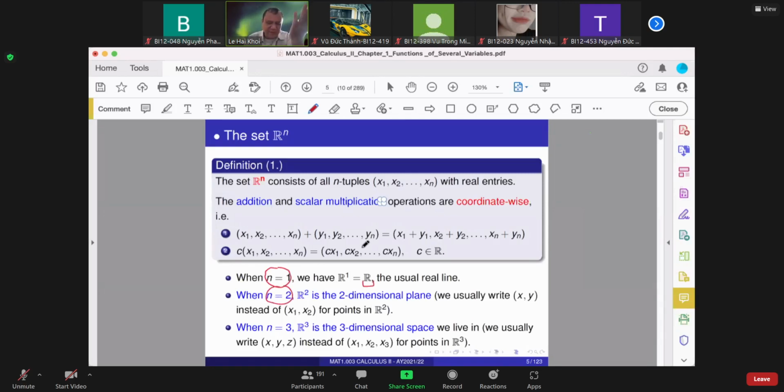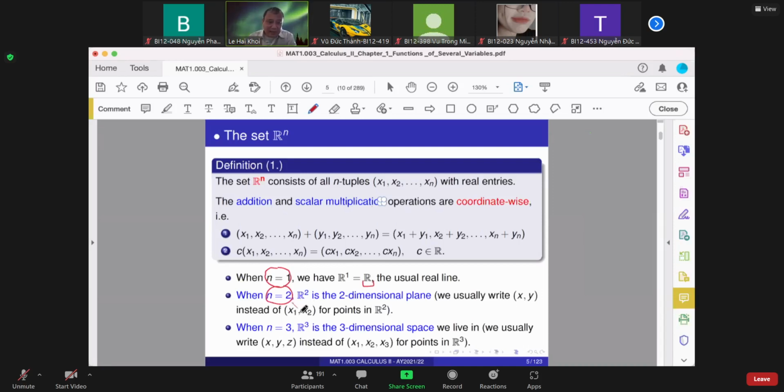From the point of view of linear algebra, you have the basis and dimension. When the vector space is of finite dimension, you have only one number for the dimension, but you have many different bases. And you can have the standard basis, so you have to revise your linear algebra from last semester. But R2 is the two-dimensional plane, which means a two-dimensional vector space.